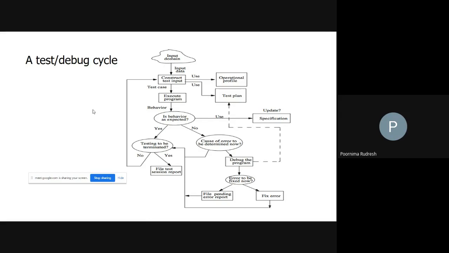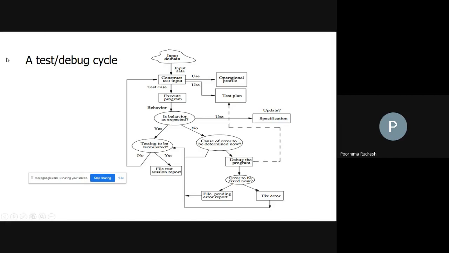When debugging is done, it is understood that the testing process is completed first. After the testing process, the debugging starts, and through debugging we are removing the errors. Understood? So we'll see the testing and debugging cycle, or the transition diagram for testing and debugging.